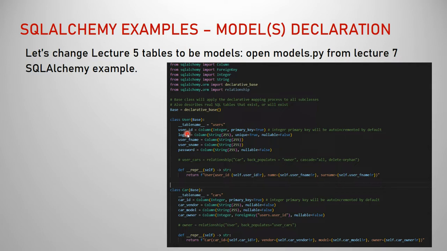So we have user ID, which is the Column, and the type is Integer, guys, and primary key is true. The nice thing here is that when you say that this is a primary key and it's an integer, your values will be auto incremented by itself.